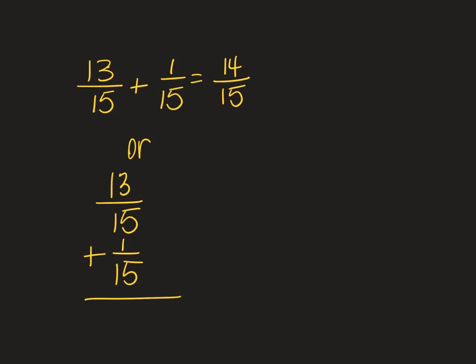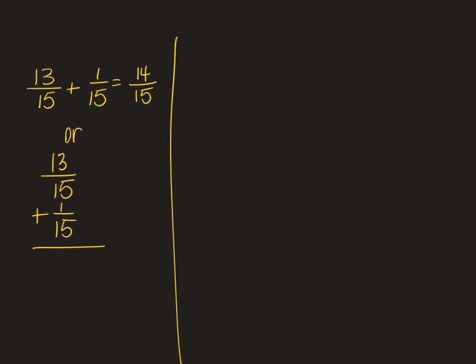Now, let's say that we have 7 over 9 plus 3 over 18. Remember, you have to have a common denominator. 9 is a factor of 18 in this instance. So what can you multiply by 9 to get 18? 2 times 9 is 18, and you want to multiply the numerator by the same.